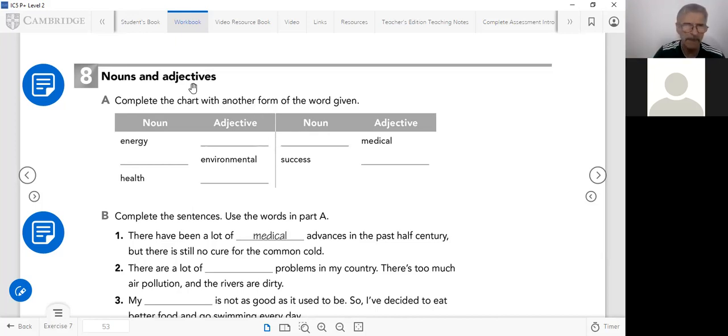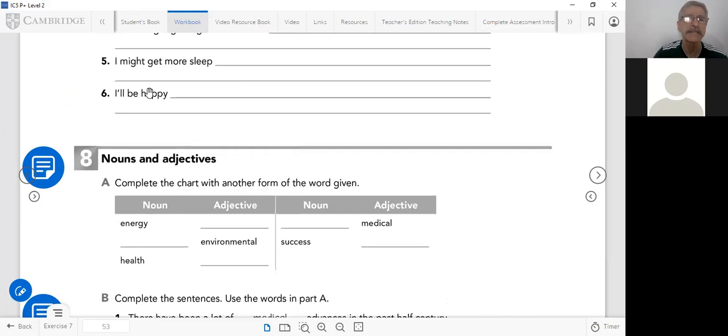Well, that's the idea. Okay, can you read exercise number 8? You have a good example of this. Nouns and adjectives. Do you understand the difference between a noun and an adjective? For example, here you have happy.